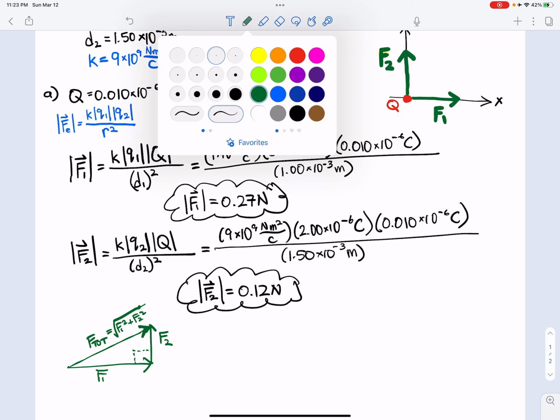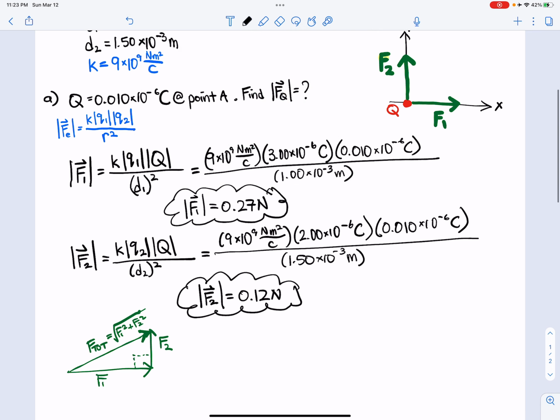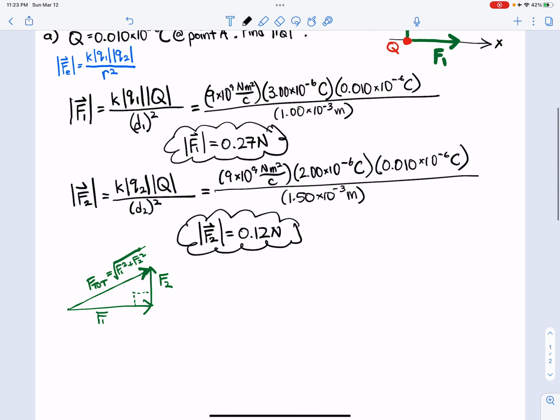So let's calculate the magnitude of force felt on Q. So F total magnitude is equal to the square root of the magnitude of force due to Q1 squared plus the magnitude of force due to Q2 squared.